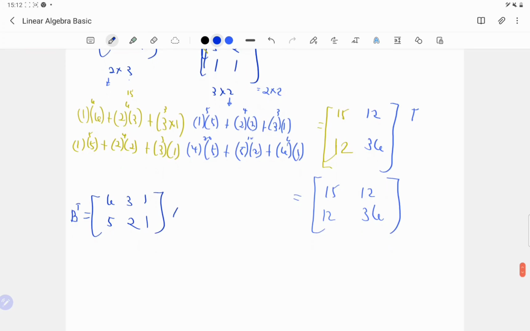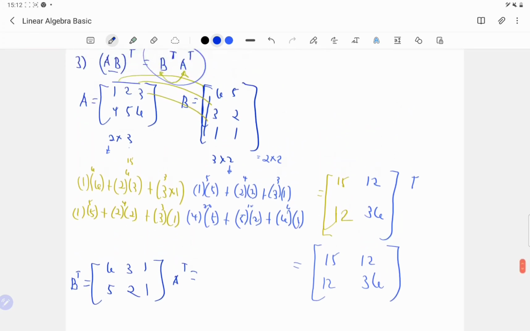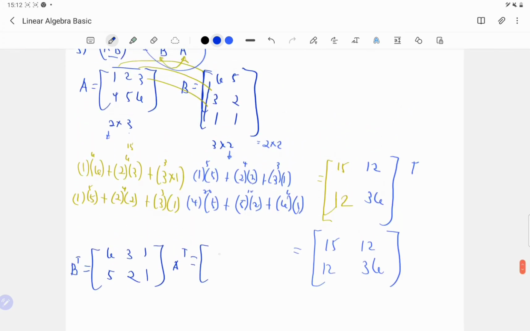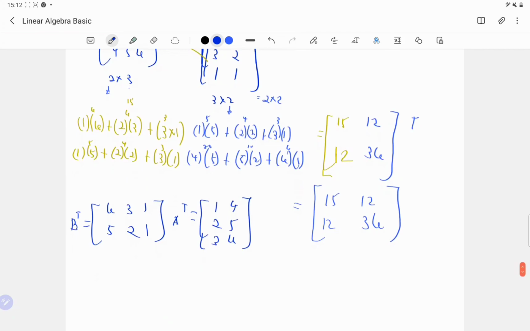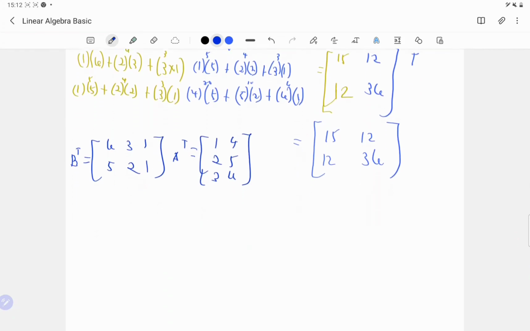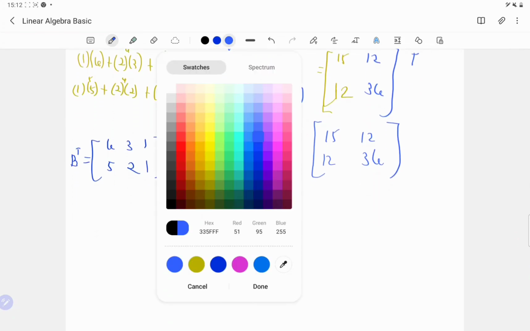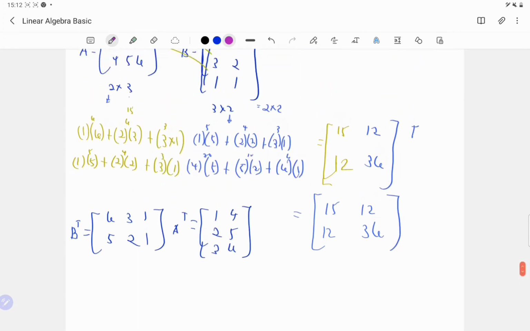And transpose of A is 1, 1, 4, 2, 3, 5, 6. Let's multiply both. Okay, I make sure that we have a boundary here. It's different.